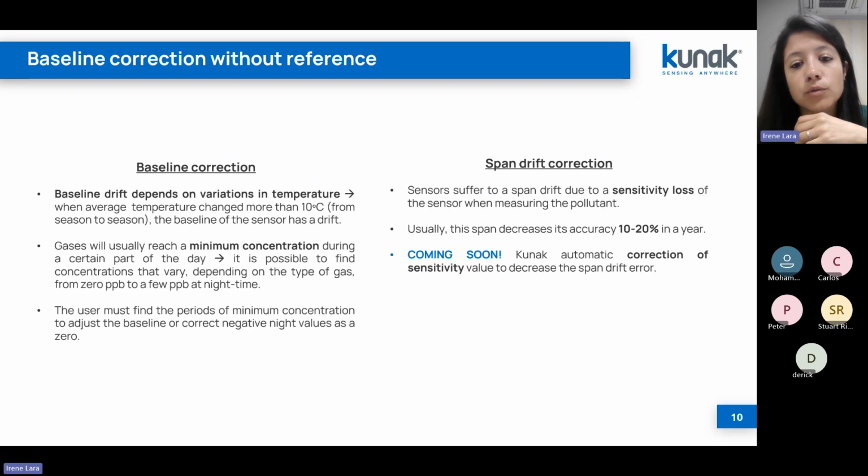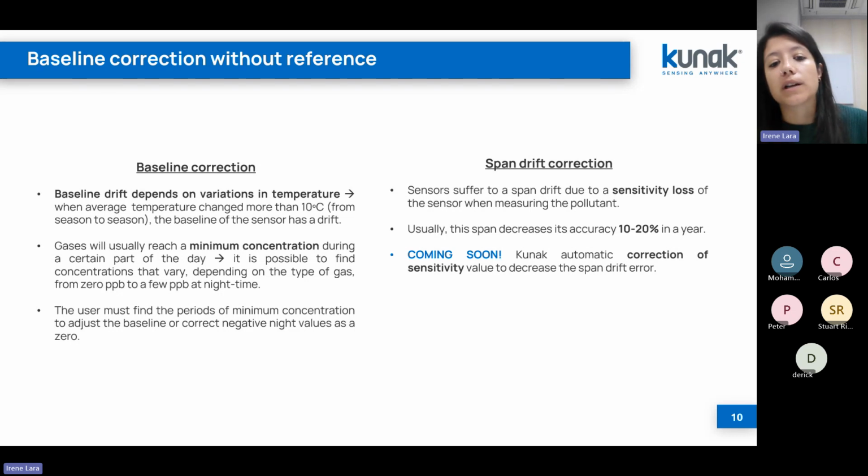So if we want to reduce this uncertainty, we can perform a span calibration, as I showed you, with the gas cylinders or a reference station. And also, we are now implementing an automatic correction of the sensitivity. Knowing the decrease in sensitivity of the sensor, we plan to introduce an automatic correction of the sensitivity over periods of time in order to decrease the span drift error.